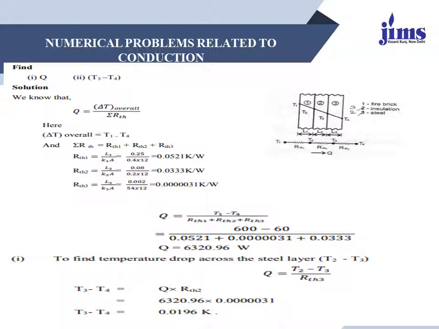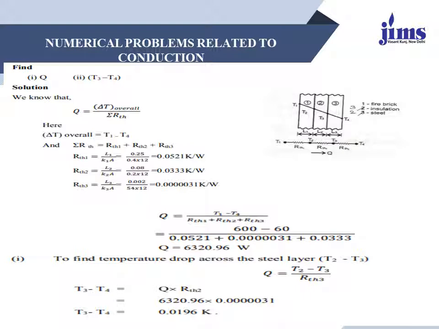The Fourier law for a plane wall gives the heat loss Q equal to overall delta T divided by the summation of the total thermal resistance. Delta T is equal to T1 minus T4, that is 600 degrees centigrade minus 60 degrees centigrade.